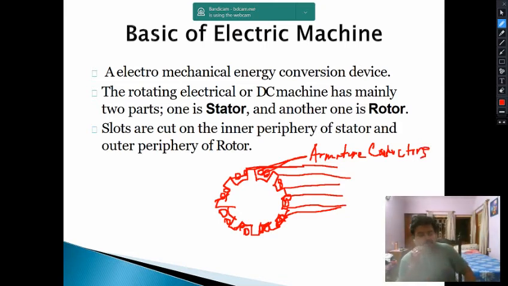Actually, the rotor will rotate, and so will the armature conductors. And when the armature conductors are connected, it will form the armature winding.